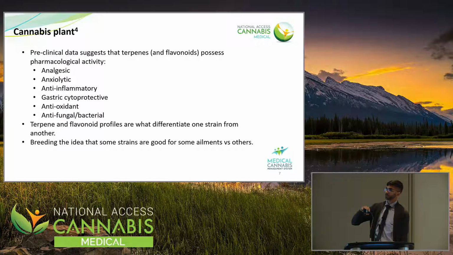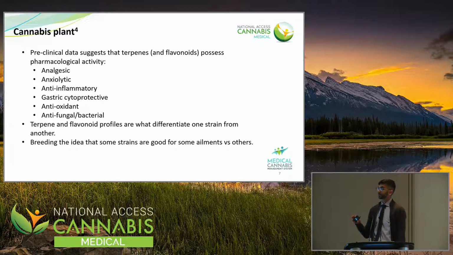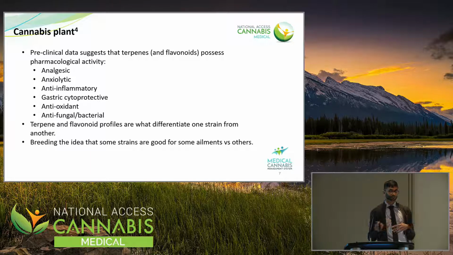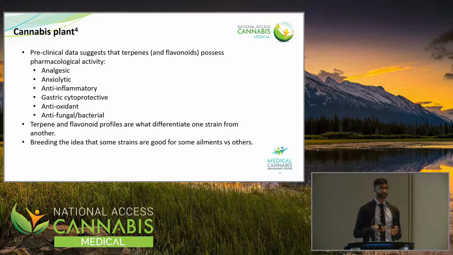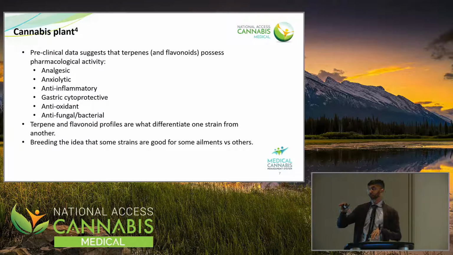This has been a recent understanding that's come out in the past few years. The terpene and flavonoid profiles are what differentiate one strain from the other. So it's not necessarily the indica, sativa, ruderalis that does it, but the constituents of the entire makeup of that plant that make this plant effective for this condition and that plant effective for that condition.